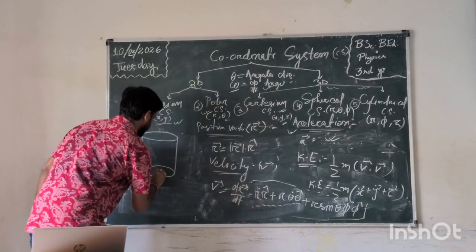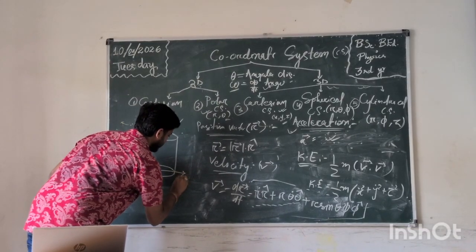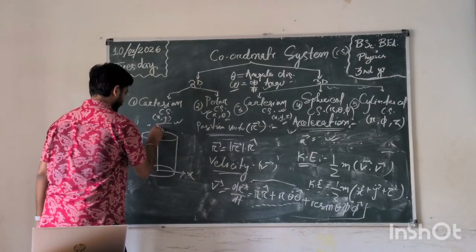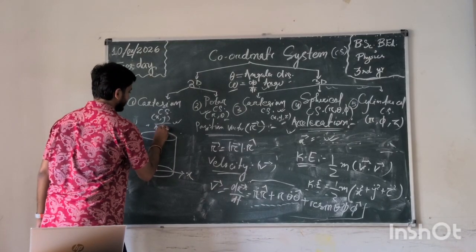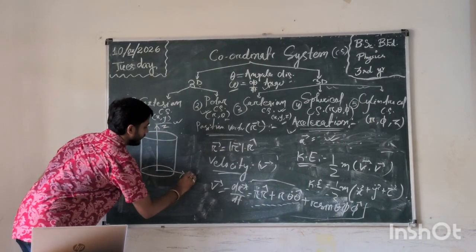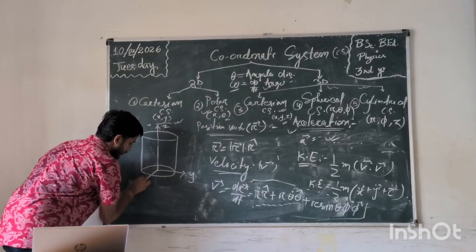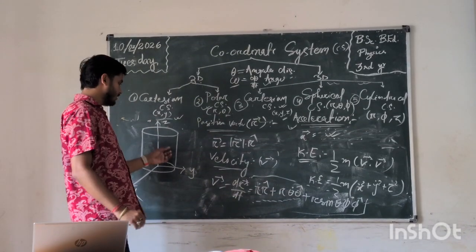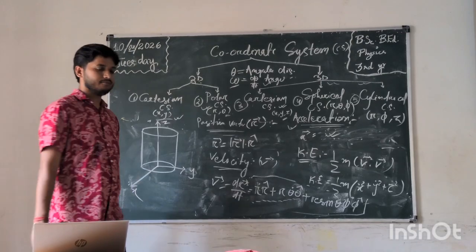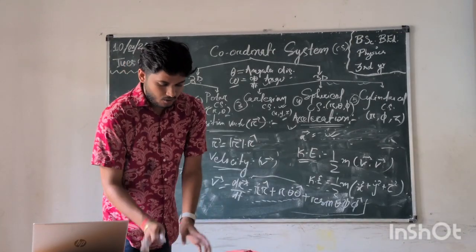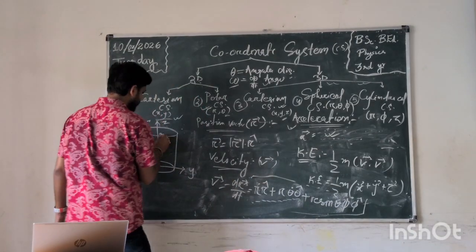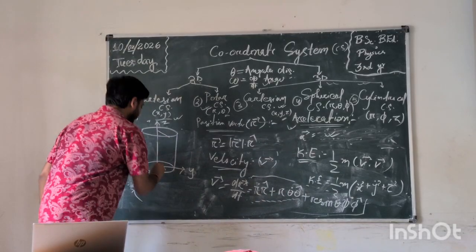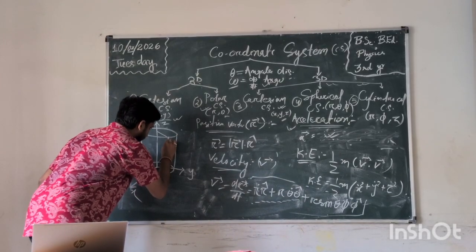This is our x-axis, this is our y-axis, and this is the z-axis. Take a point like this on a plane.